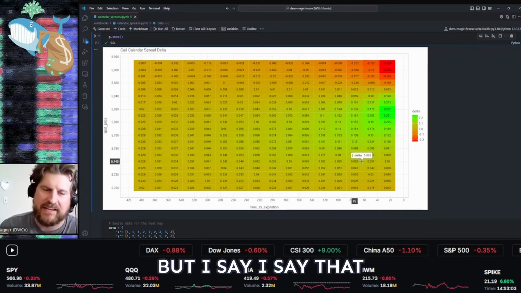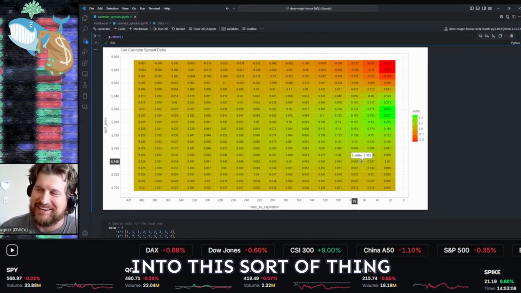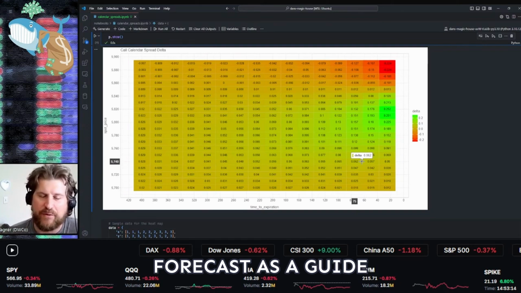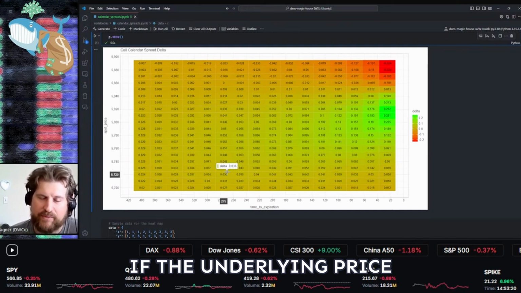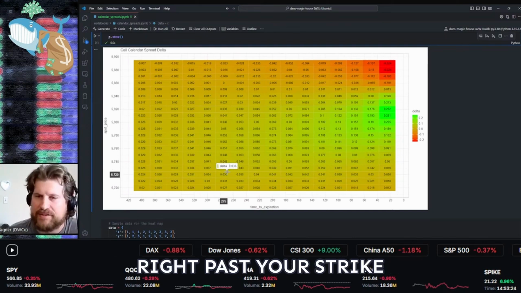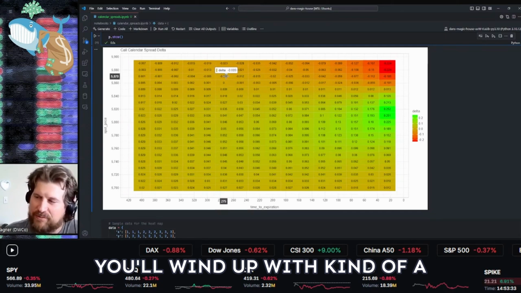But I say that, and gosh, I hate to invite discretion into this sort of thing, but I would say you want to use your forecast as a guide, because with a calendar spread, if the underlying price just rips right past your strike, there's a time where you'll wind up with kind of a loser, right?